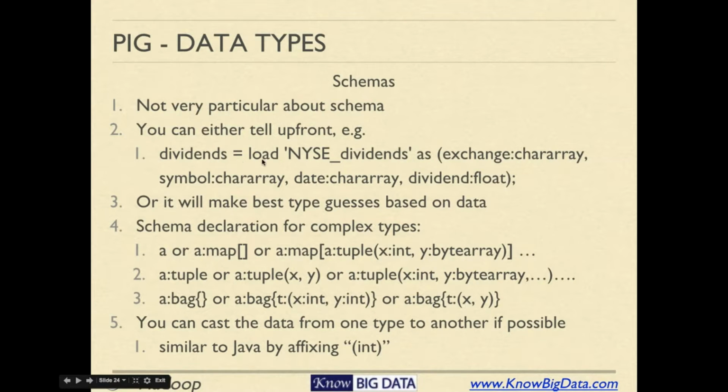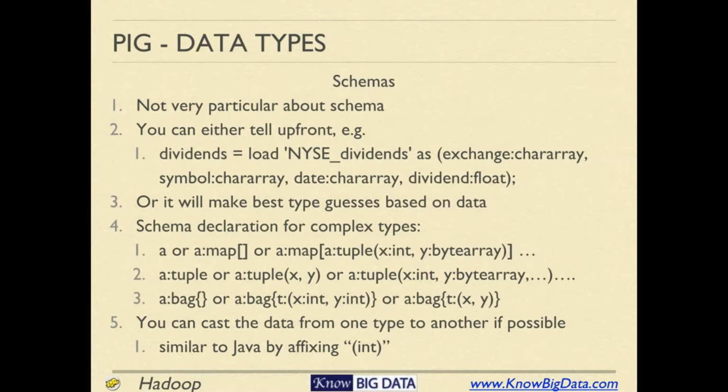You could say dividend equals load NYSE dividends. That's it. You don't need to specify anything. And individual columns, you could always refer to using $1, $2, $3. I'll show you that part. Similarly, while loading the data, you're describing the column type. You could explicitly say that my column name is A, or you could say A is a map, meaning the column called A is a map.